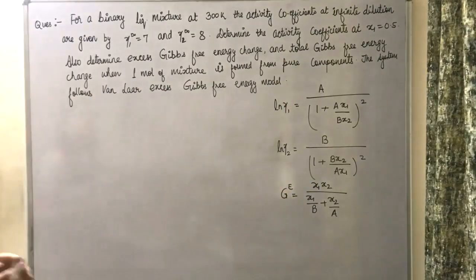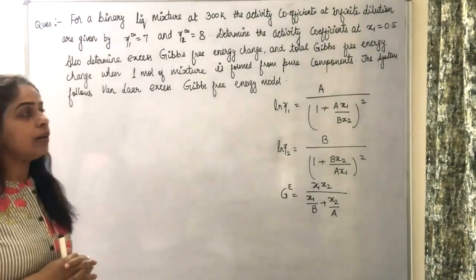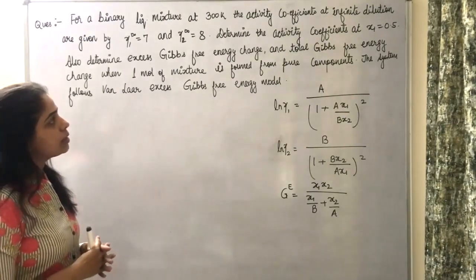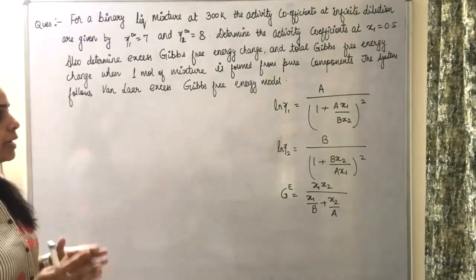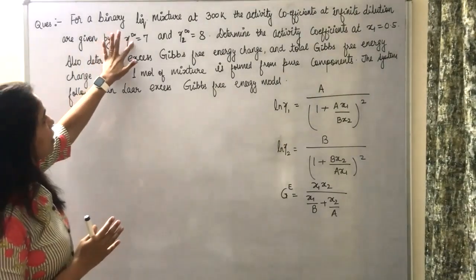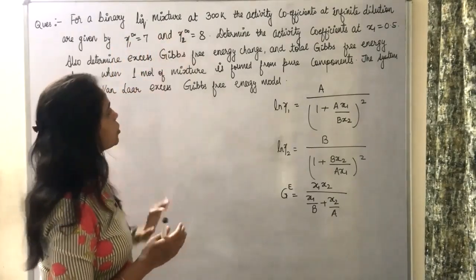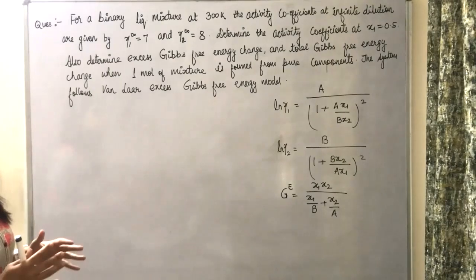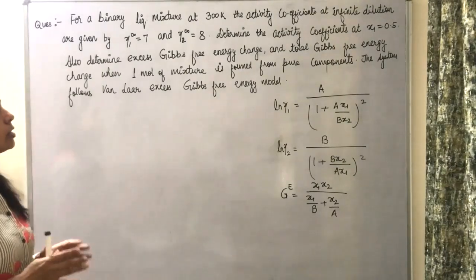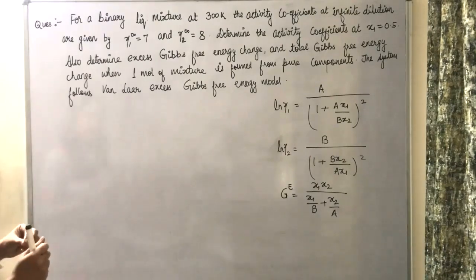First question: for a binary liquid mixture at 300 Kelvin, the activity coefficients at infinite dilution are given by gamma 1 infinity equals 7 and gamma 2 infinity equals 8. Determine the activity coefficients at x1 equals 0.5.